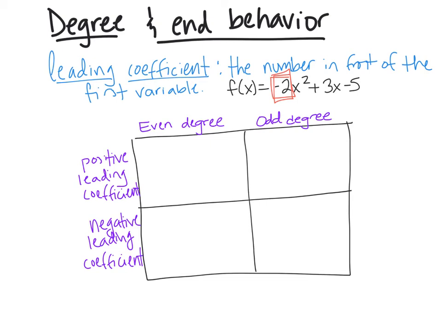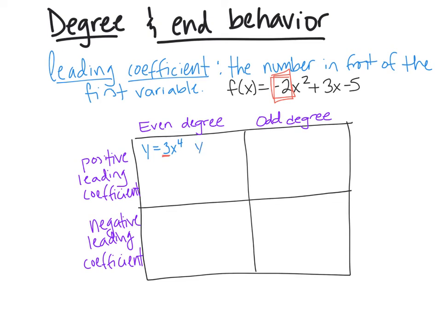If you have a function that has an even degree, so for example, y equals 3x to the 4th. Even degree and a positive leading coefficient. And remember, y'all, the leading coefficient is this number right here. So that number is in fact positive.